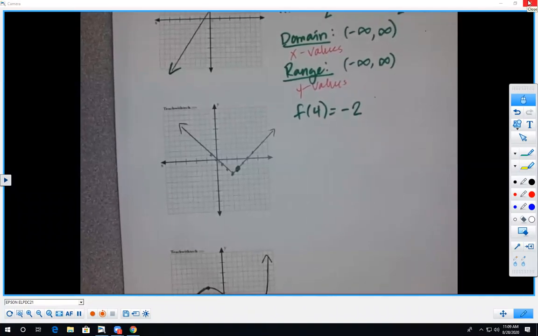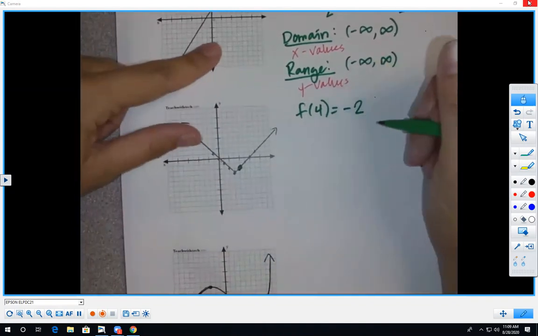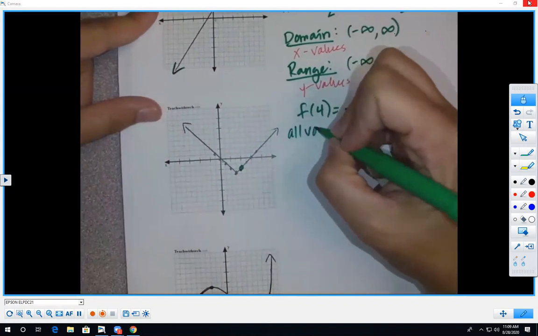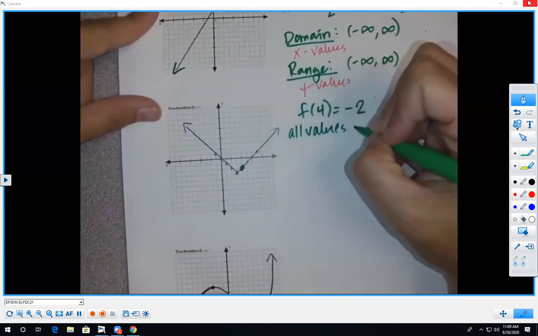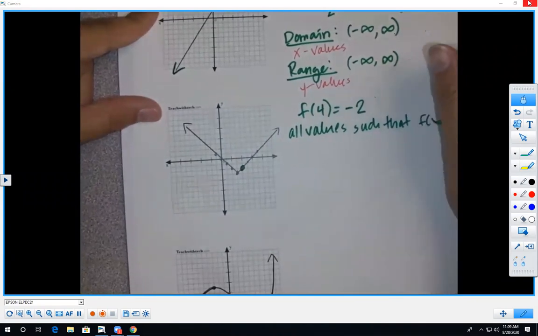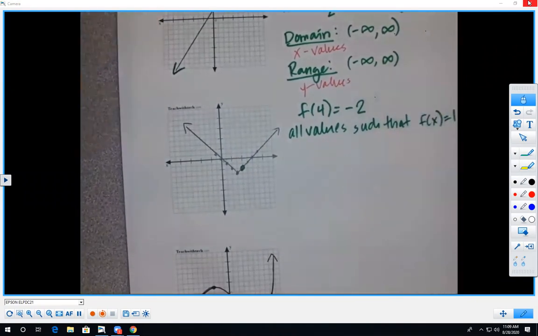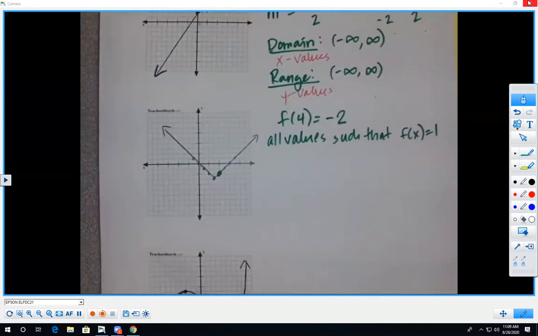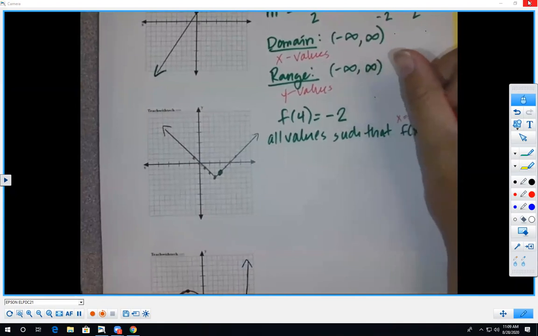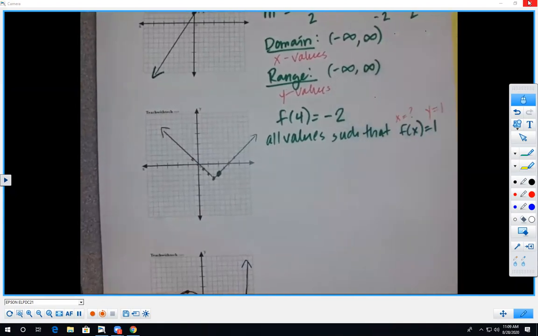Okay. So yeah, f of 4 would be -2. And remember the other one we did was all values such that f of x equals 1. Remember that one is, I'm looking for x, my y value is 1 this time.